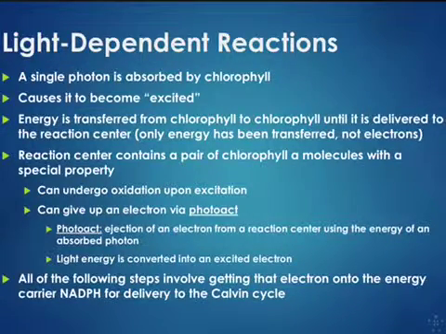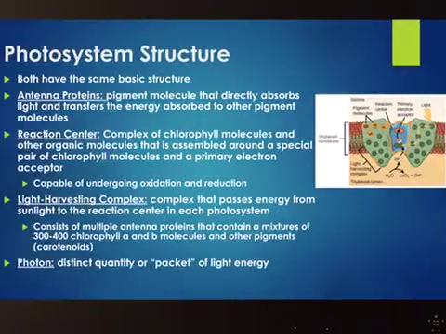So once they get excited with that energy that's hopscotched from chlorophyll to chlorophyll to chlorophyll, that energy then excites those reaction center chlorophyll A's, which causes photoactivation to happen. Photoactivation is the ejection of an electron from the reaction center using the energy of an absorbed photon. So this light energy is then converted into an excited electron.